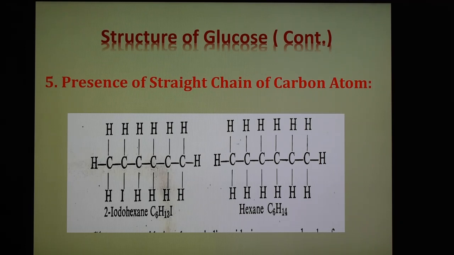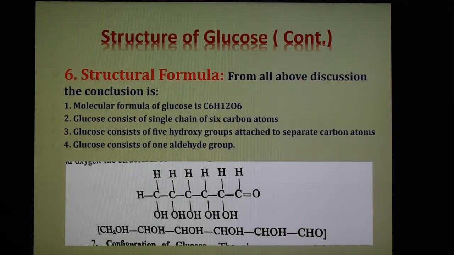So this is number 5, and the next step, number 6, is the structural formula of glucose. From the first 5 steps, we can conclude that the molecular formula of glucose is C6H12O6.